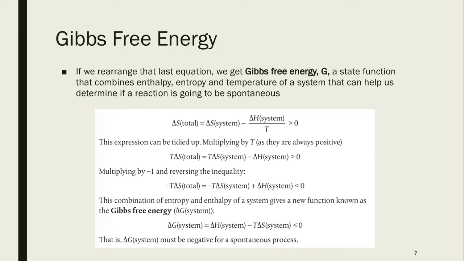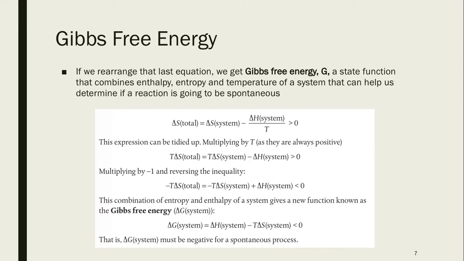Okay, so with a little math manipulation, we get our final comparison where delta G, or our change in Gibbs energy, is equal to delta H minus T delta S, and that must be less than 0, which means that the change in Gibbs free energy, or delta G, must be negative for a spontaneous reaction.